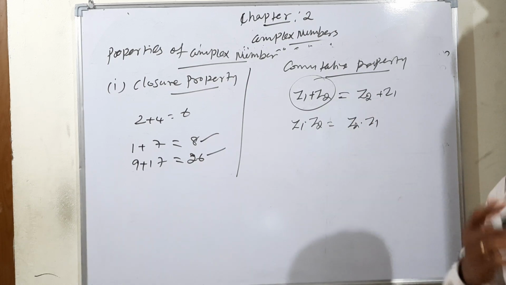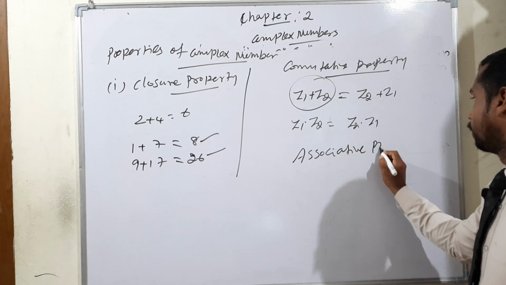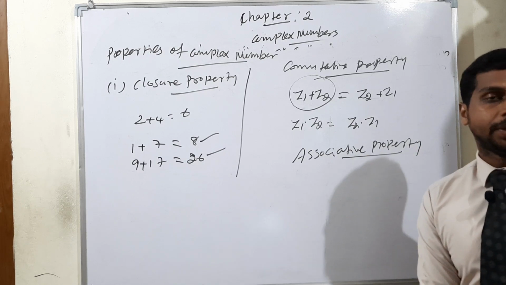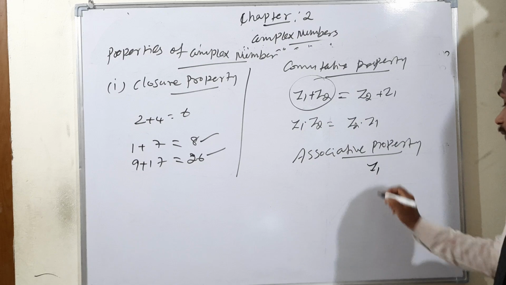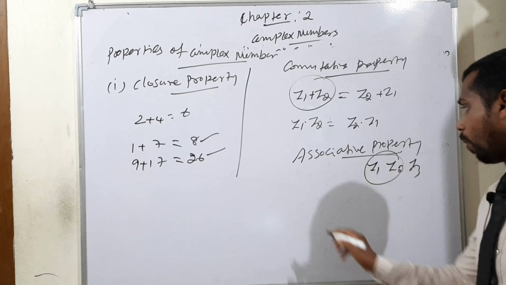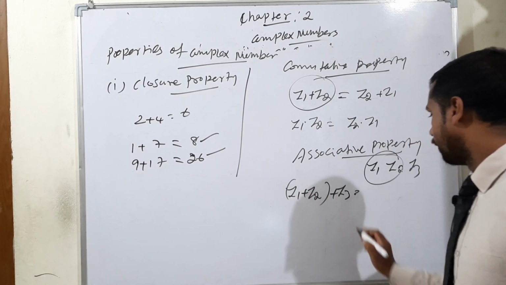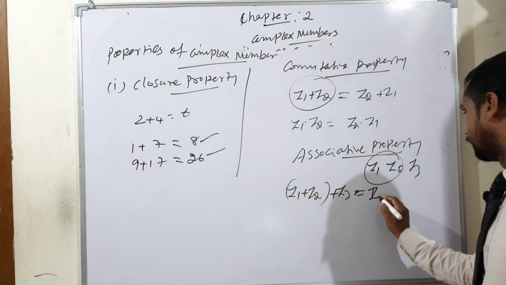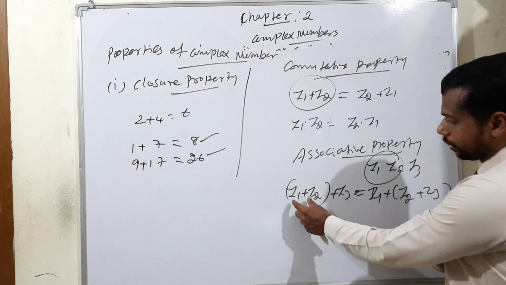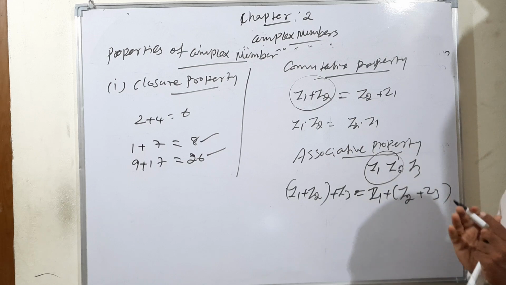Then last one, associative property. For associative property, definitely we have three different complex numbers, Z1, Z2 and Z3. First Z1 plus Z2, then that result has Z3 added, so we get one result.